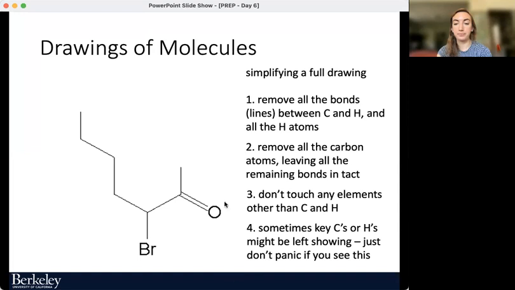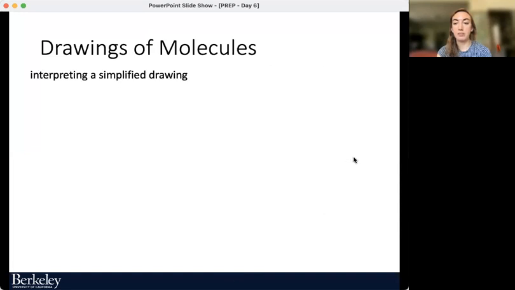Okay, I'm going to make you practice. Yes, exactly. Only hydrogen and carbon atoms will disappear. Okay, so just take a minute. This is a molecule, and if you have pen and paper, you can decide to draw out the full structure, or you can just do it in your head, whatever works for you.